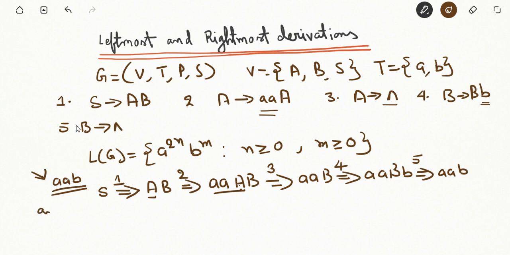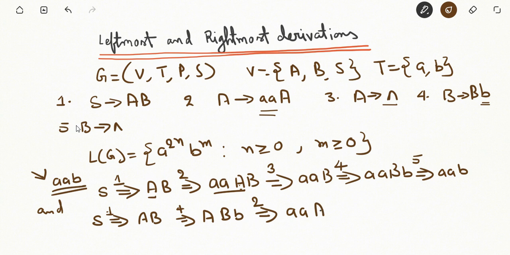Now again, just see. Suppose we apply the first production rule. We get AB. Next, fourth. So what we are going to get? AbB. Next, second production rule. So aaAbB. Next, fifth production rule.